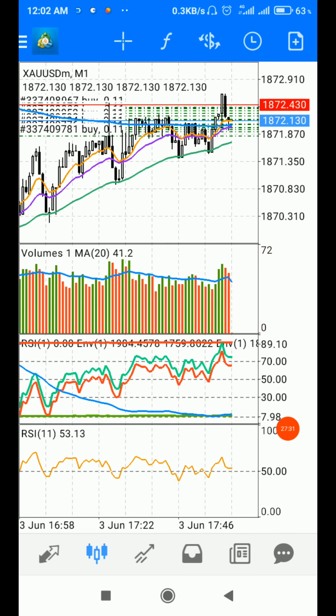It is a good support zone, and the second support zone is 20 and 50. Price may break this zone or again can go upward.